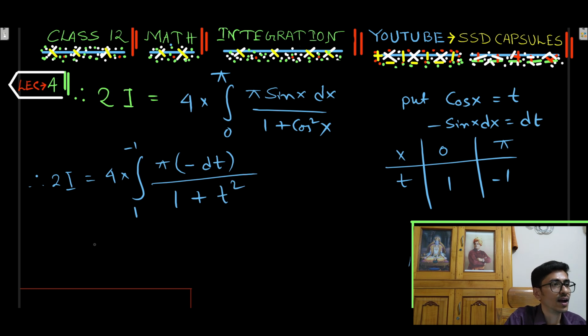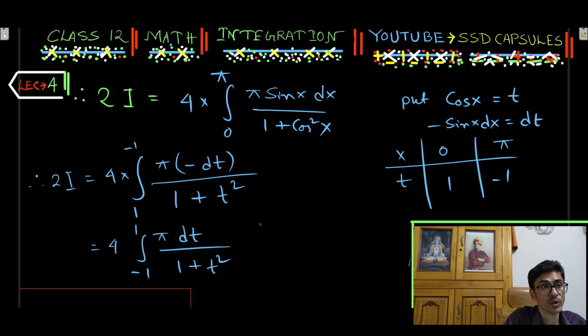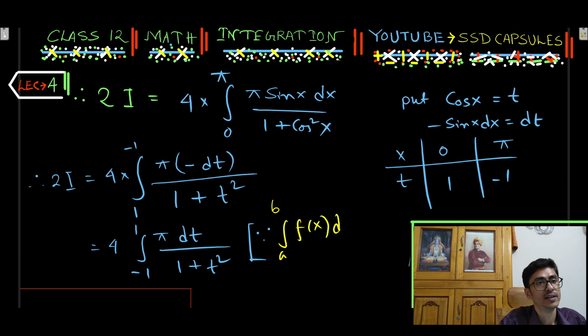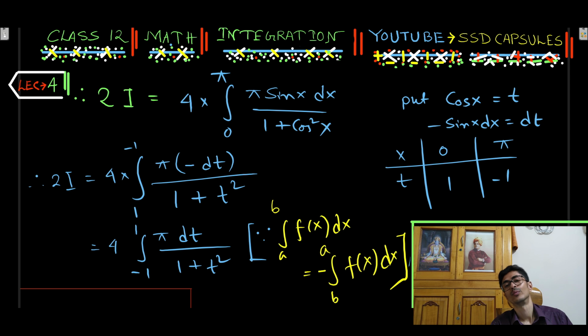So here we can write 4 into minus 1 to 1 pi dt by 1 plus t square, because we know another property of definite integral, a to b f(x) dx equal to, we can write b to a f(x) dx. Here one negative sign must be put.